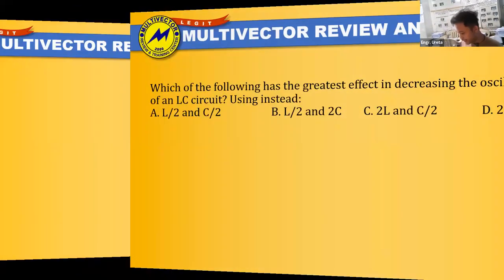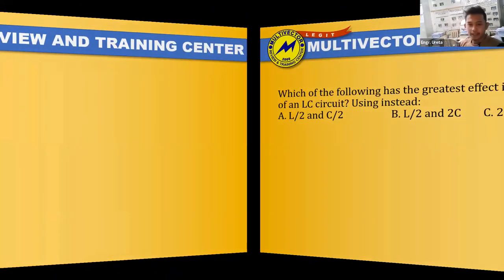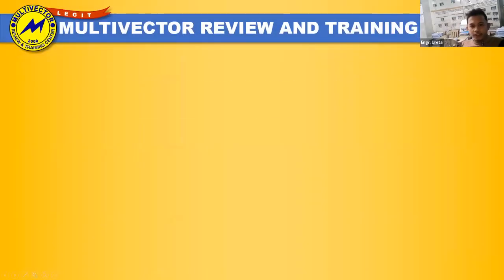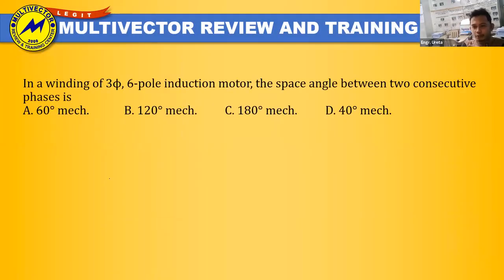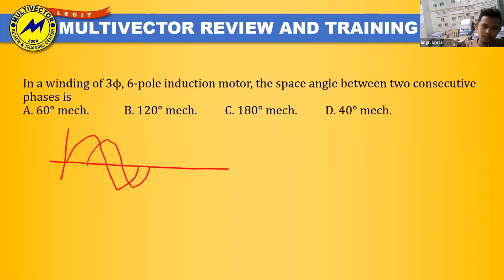Okay, next question is question number 79. For this question, in a three-phase 6-pole induction motor, the space angle between two consecutive phases is blank. So dito, under a three-phase waveform, meron tayong three-phase sinusoidal wave, isa, dalawa.